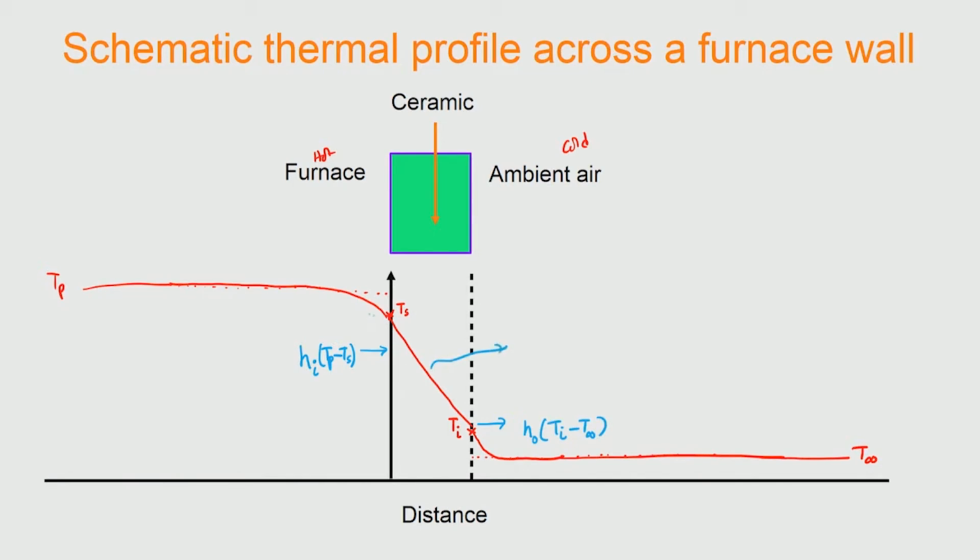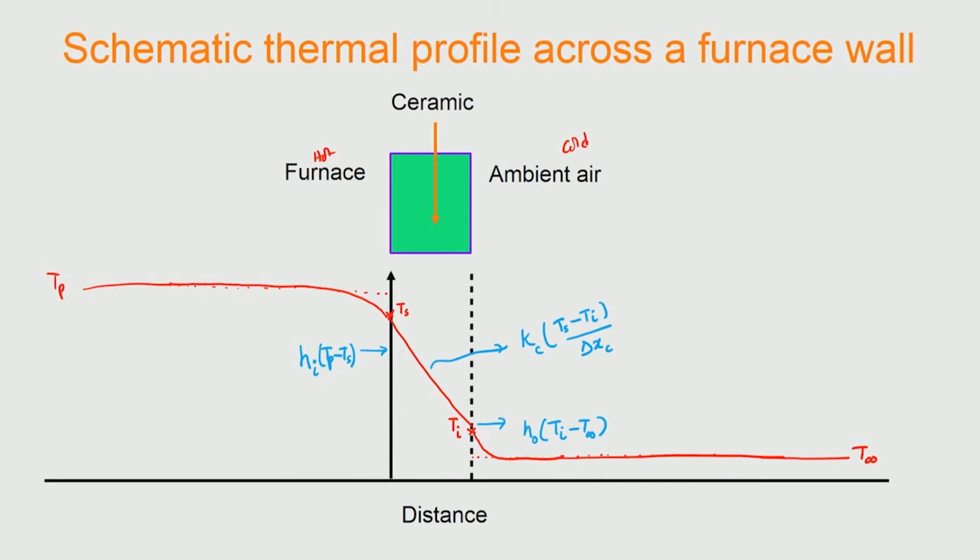And what is coming from one end of the ceramic wall to the other end would be given by K of the ceramic into Ts minus Ti divided by the thickness of the ceramic. So, we can see that these three expressions should be matched if you want steady state, and that is how we can go about solving for the wall temperatures for a given problem.